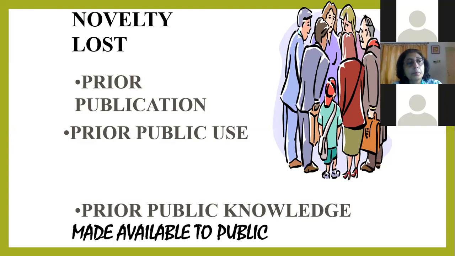So prior publication and prior public knowledge are very important aspects. Now public knowledge could be not only through publication, not only through any print media or any PPT presentation in public. It could be general knowledge in a certain area.